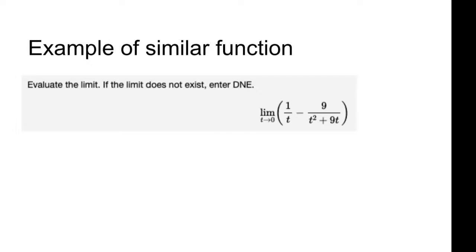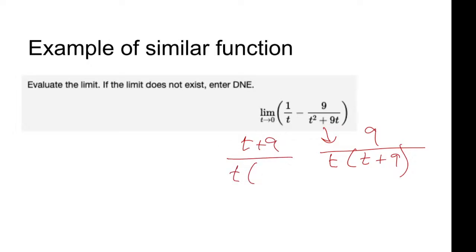So the common denominator you can kind of see is this part. We could factor out the t, and then we've got t plus 9, and we've got a t over here. So this one can stay as it is. This one we need to multiply the top and bottom by t plus 9. And then now we've got a common denominator.